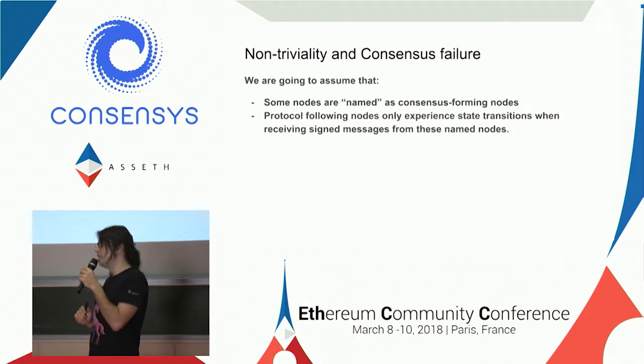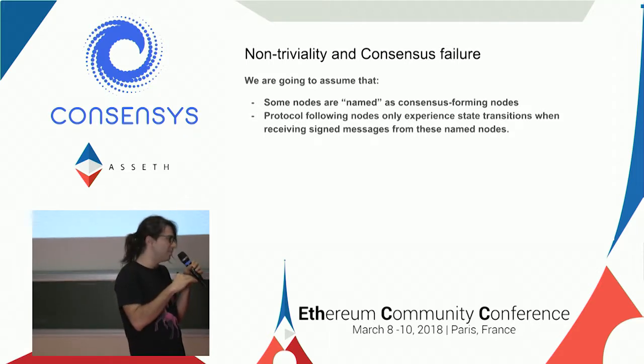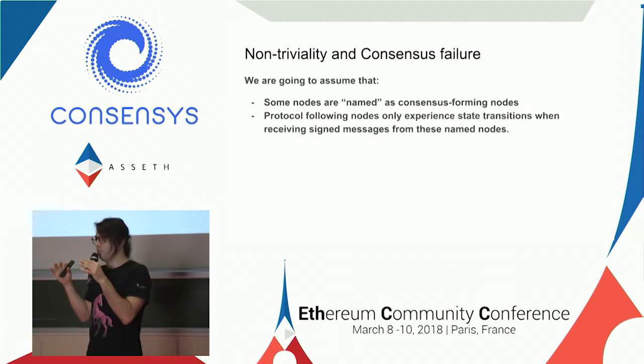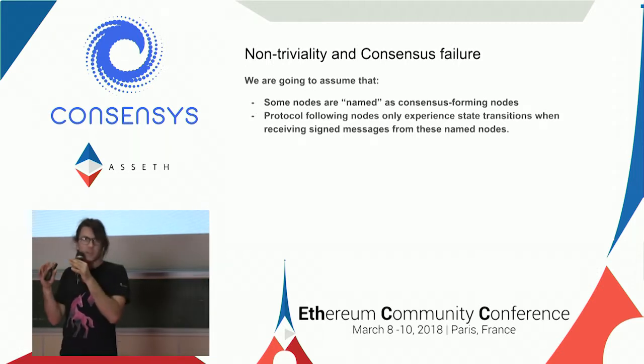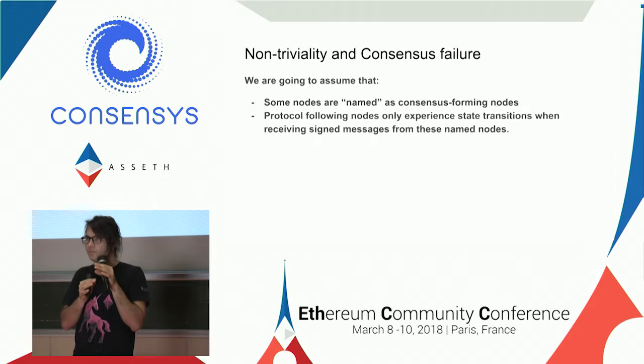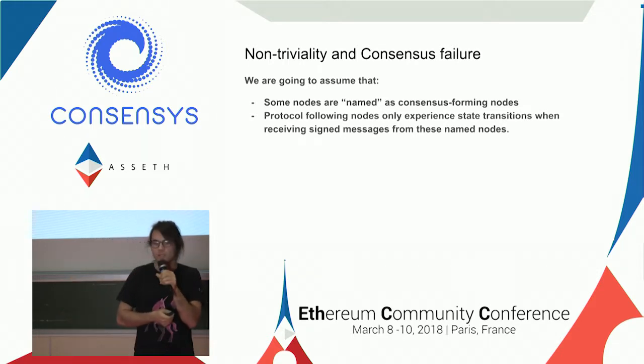These are going to be our consensus-forming nodes, and anyone in the protocol is going to know about them and watch messages from them in order to decide whether to go down this way or that way, in order to not be screwed. And as long as these nodes are showing you the same thing that they're showing me, then we may have some hope to end up on the same side of this mutually exclusive branch.